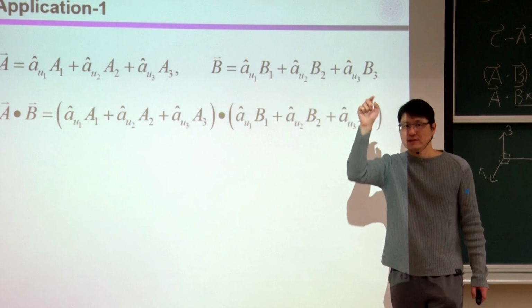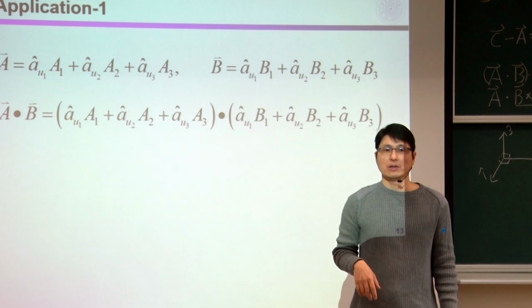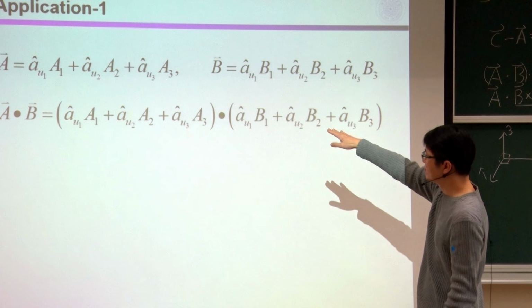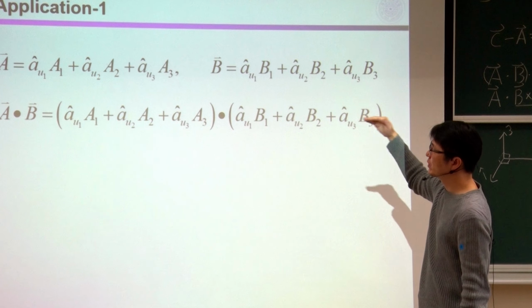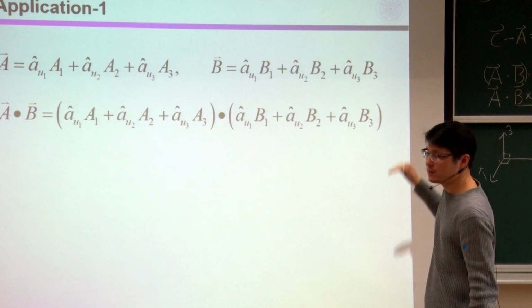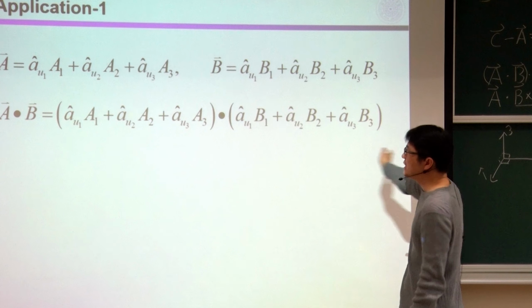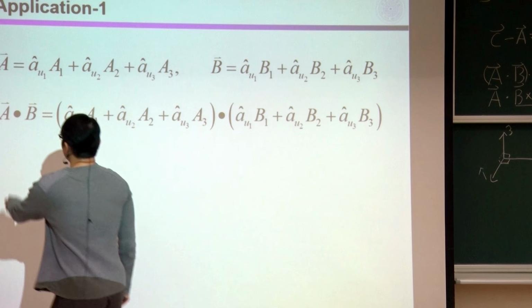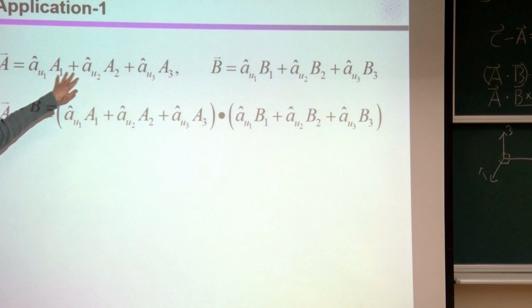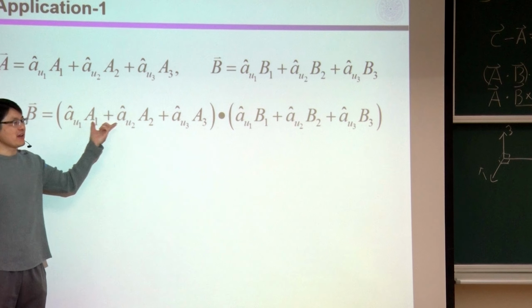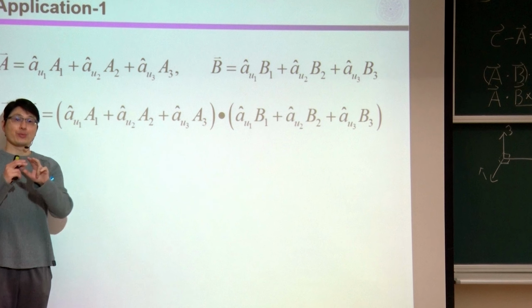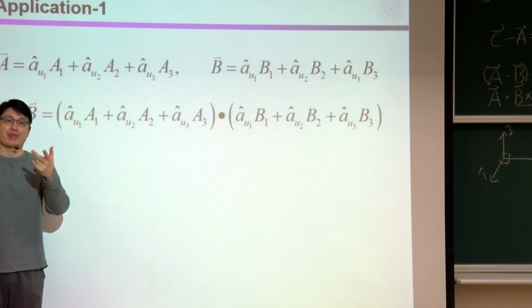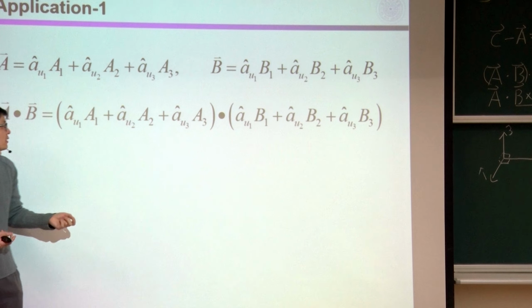Without drawing the vectors, once you can write the vectors in that given orthogonal coordinate system, you can perform immediate and direct calculations because A dot B, by definition, each vector can be written in three components with their corresponding directions, right?